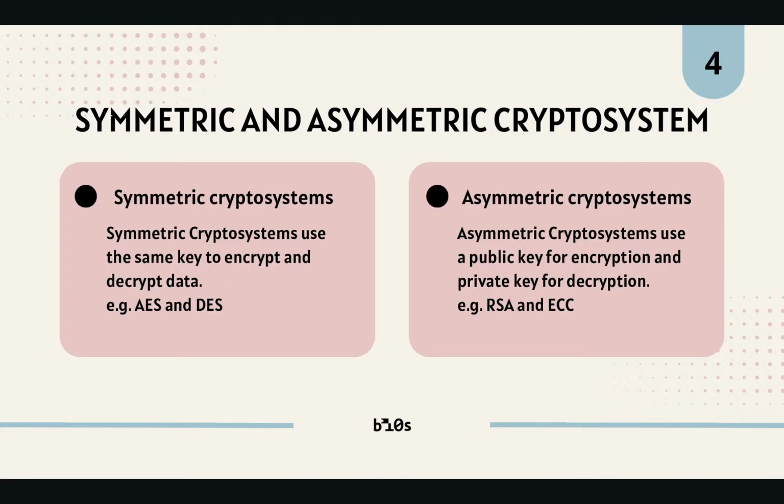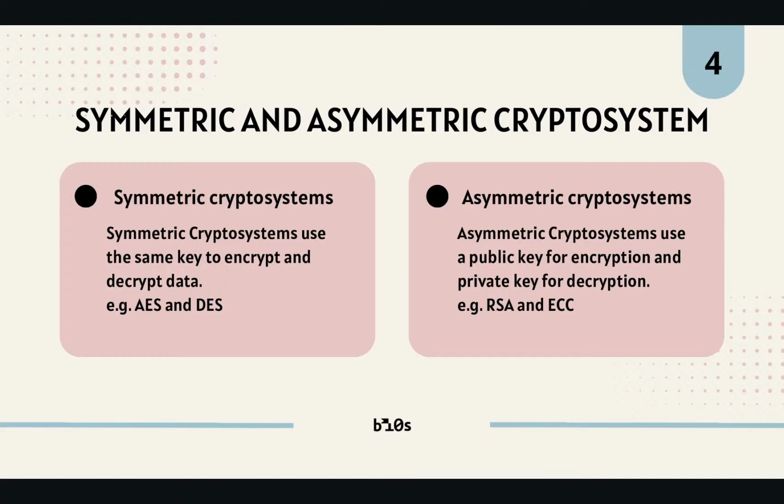There are two main classifications for crypto systems: symmetric crypto systems and asymmetric crypto systems. Symmetric, as you can guess from the word itself, implies that to encrypt and decrypt, you would use the same key. Examples of symmetric crypto systems are AES and DES.